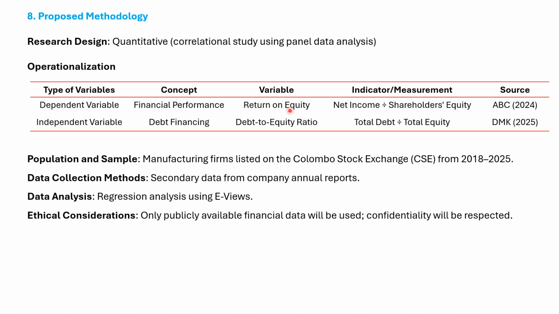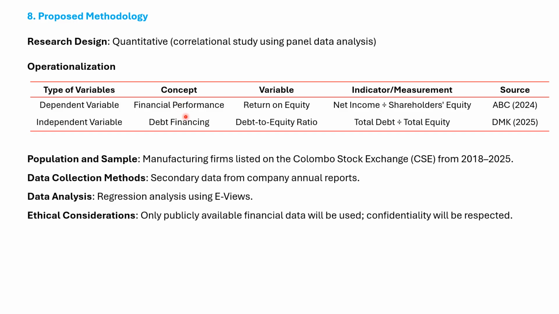Then I'm going to measure the ROE using net income divided by shareholders' equity. So we call it the indicator or the measurement. And we are going to measure the debt to equity ratio using total debt divided by total equity. So we have the concepts, financial performance and debt financing.